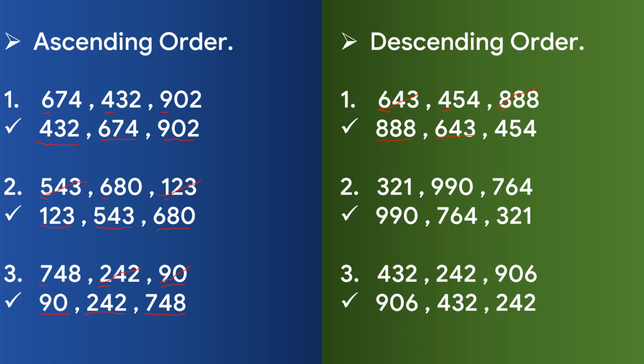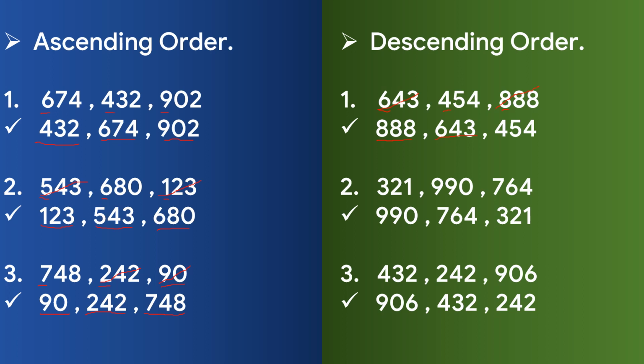So you have to write down 990 first. Then the other two numbers which are left are 321 and 764. Among these, which one is the biggest? 764. So you have to write down 764 and then 321 is the remaining. So you have to write down 321 last.